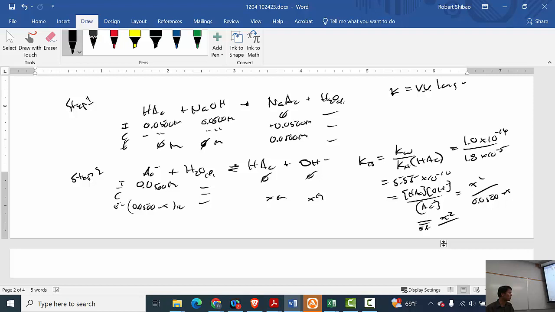It's x squared over 0.0500, and then solve for x.